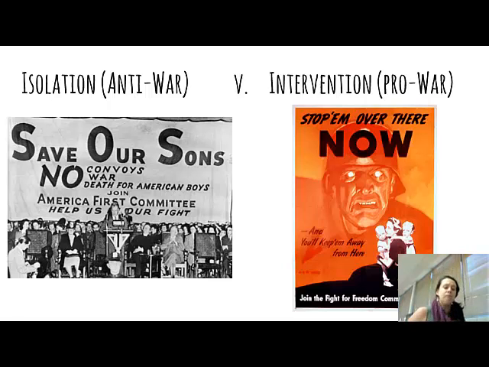But I want you to know that there is an anti-war group out there that was committed to that isolationism and not getting involved in the war. And they were called the America First Committee. But there was also a group called the Fight for Freedom Committee who were pro-war. They wanted the United States to become involved in the war, so they were interventionist.